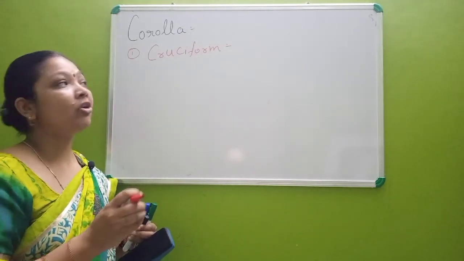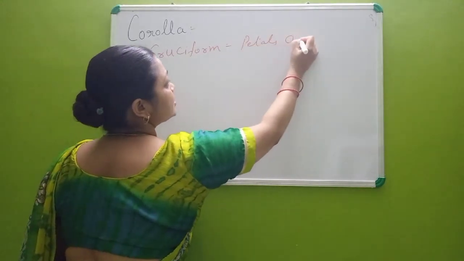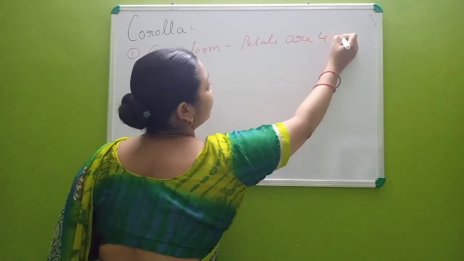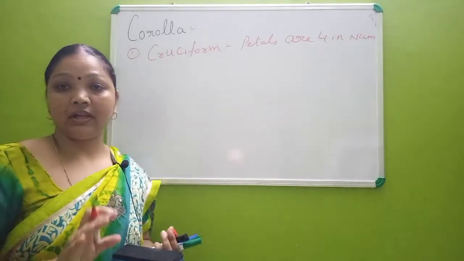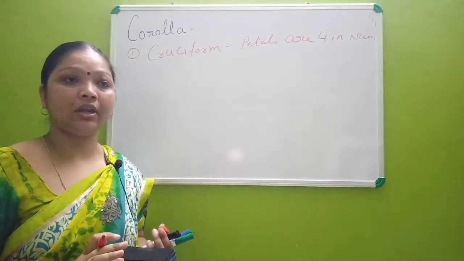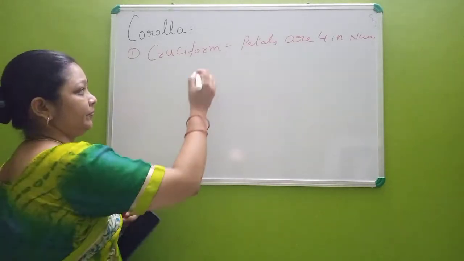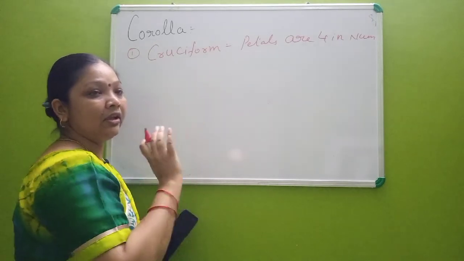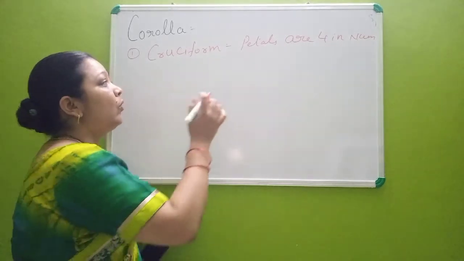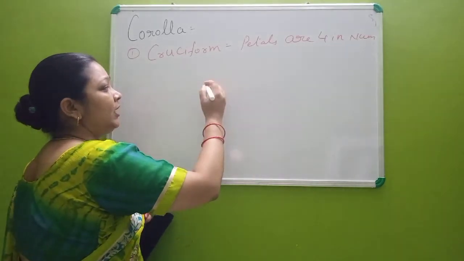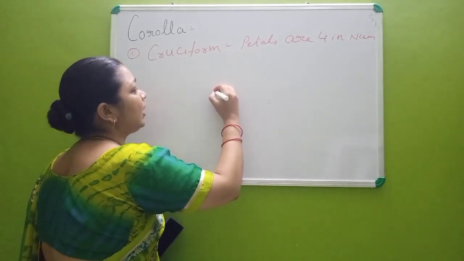In this, the number of petals is 4, which is a characteristic feature. Each petal has 2 parts: if you see a single petal, it has one broader part and one narrower part, and it looks somewhat like this.